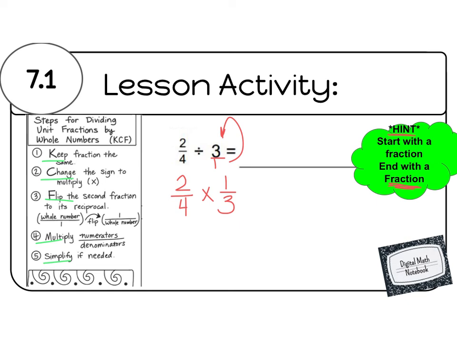Then we're going to multiply straight across the top and straight across the bottom. 2 times 1 is 2, and 4 times 3 is 12. This one can simplify, and that is your job on your own to complete in your digital math notebook. Remember, when you're simplifying, you're looking for a little number, a factor that goes into both 2 and 12 in order to make it smaller.